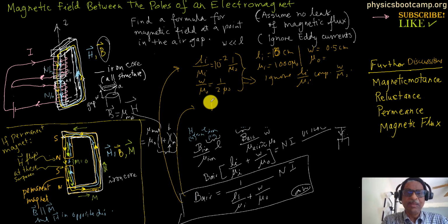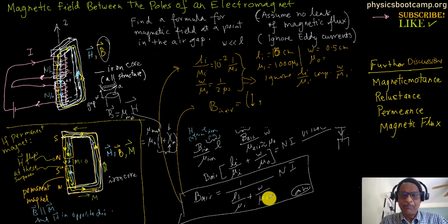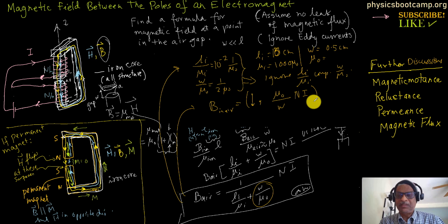So I can write this guy, B in air, will be directed in this particular current, going from down up to down, so in this direction, and the magnitude will be just this guy that survives, mu 0 over W N I. Okay, so that will be the answer.